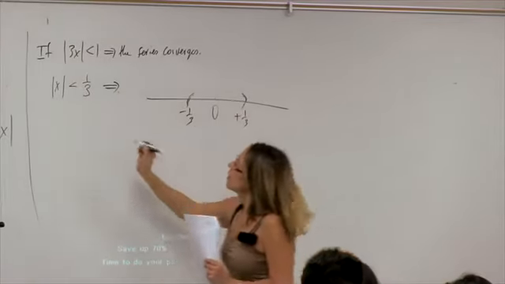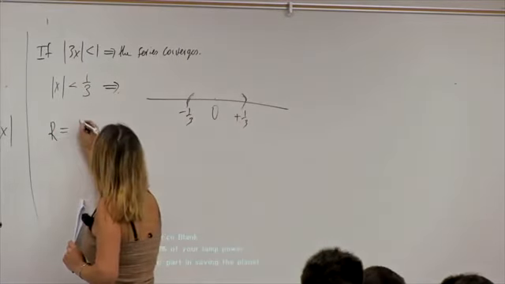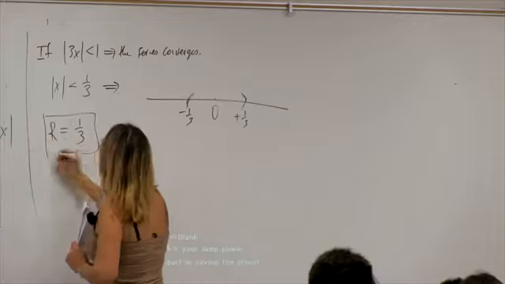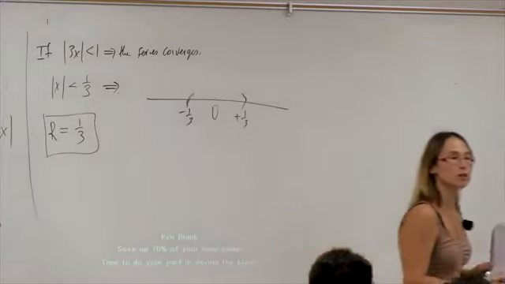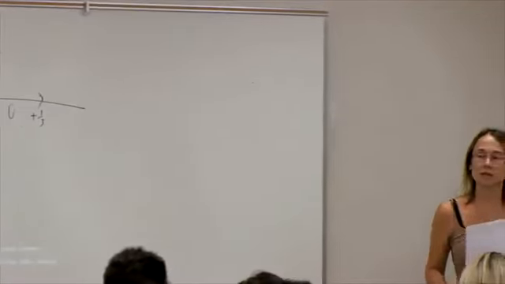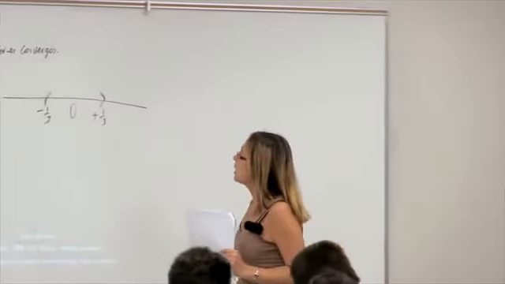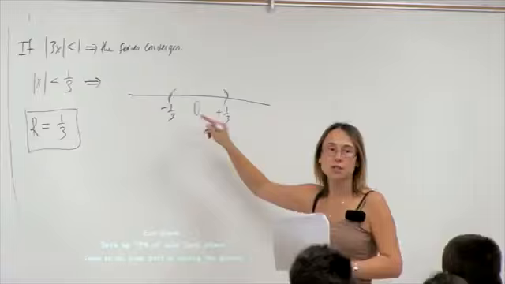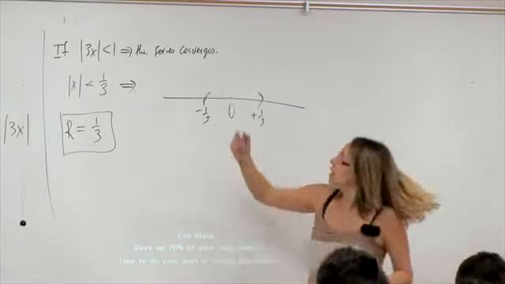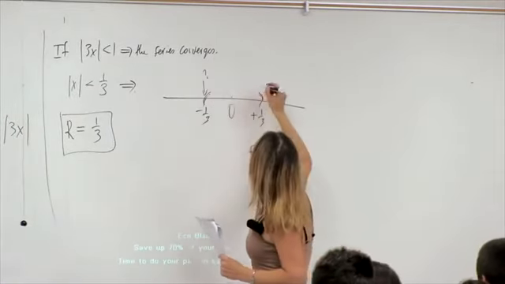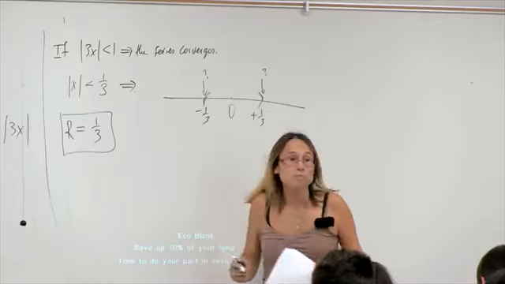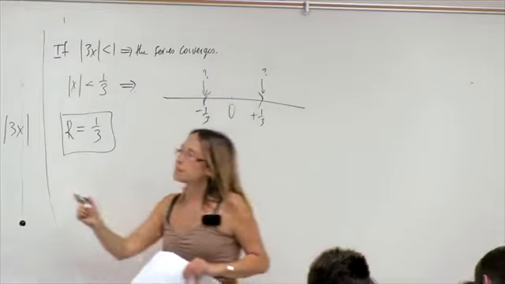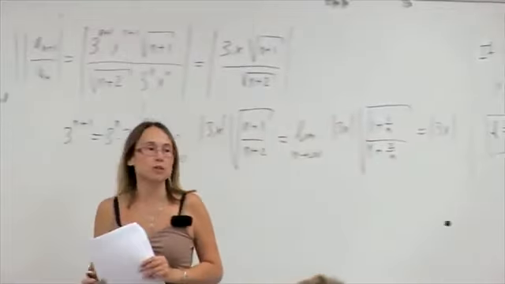What does it mean? That r, the radius of convergence, is 1/3. So I answered the first question. At this stage, I know that inside this interval it converges, outside it diverges, and I don't know yet what happens at the ends. Questions?